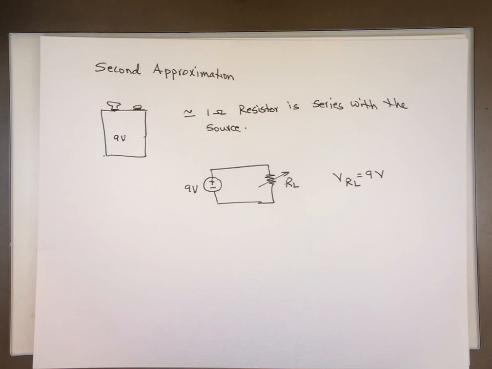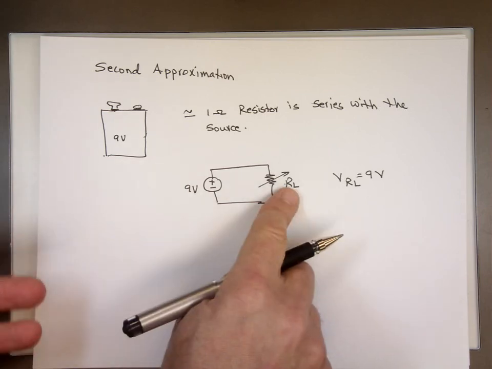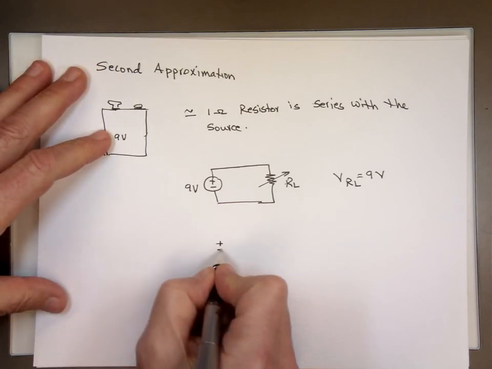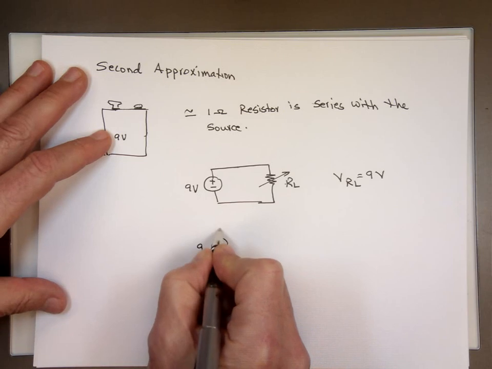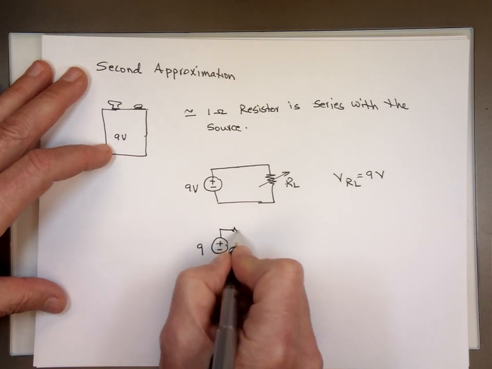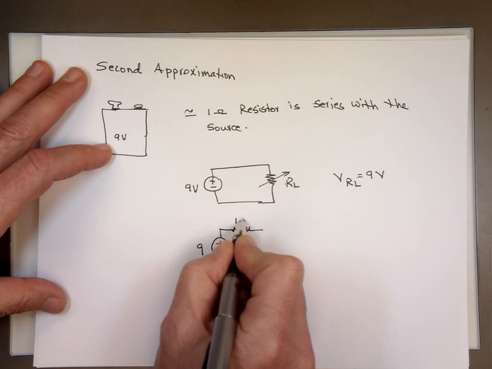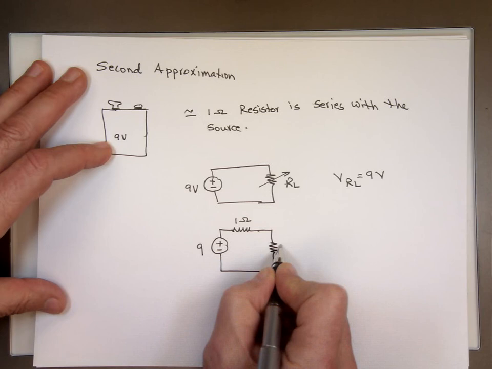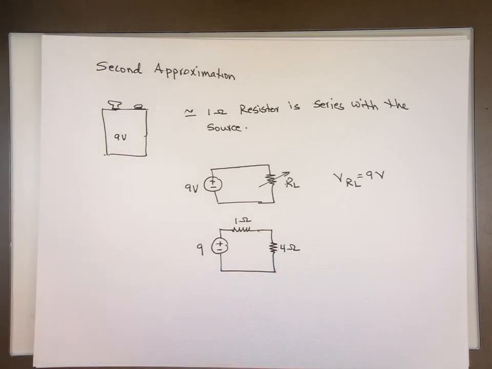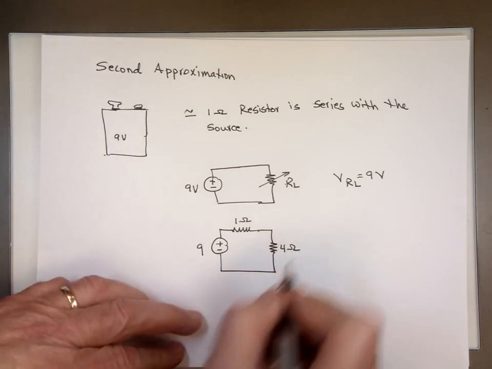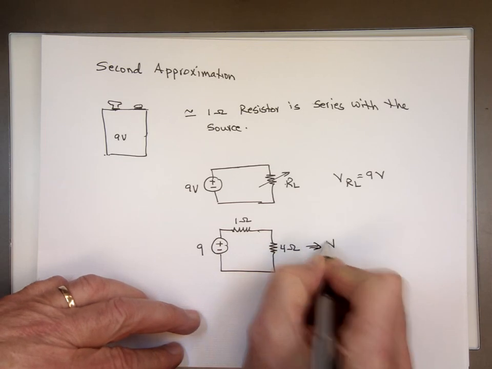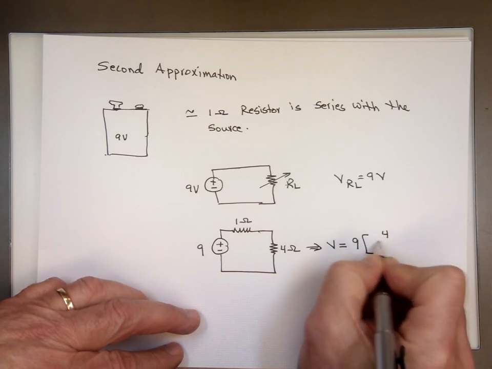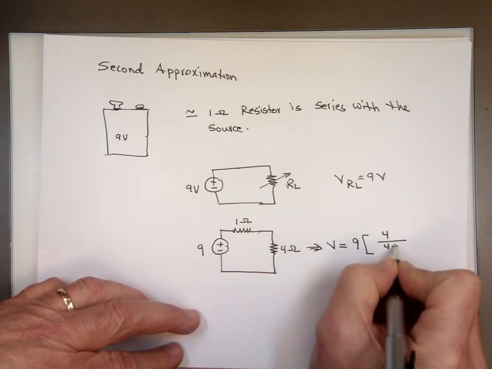But what about if the value of the resistor is really small? Here's the 9-volt battery that you took. Let's say this battery actually has an internal resistor of 1 ohm. But now this load resistor is only 4 ohms. So what is the voltage here? By voltage division, it equals 9 times 4 divided by the sum of them, which is 4 plus 1.